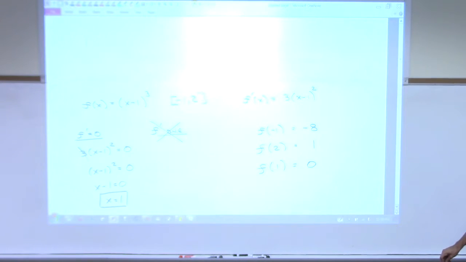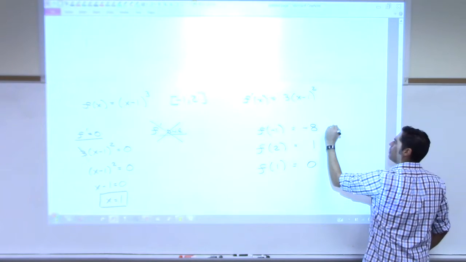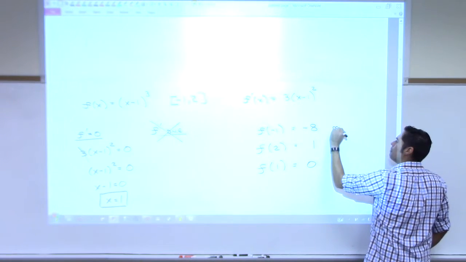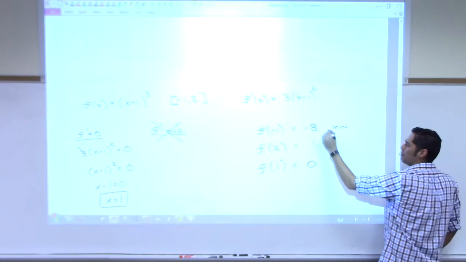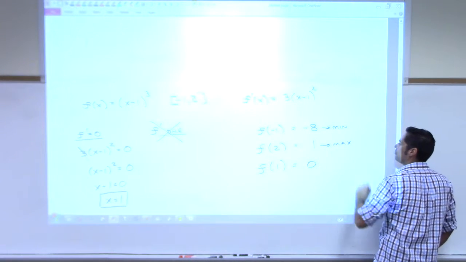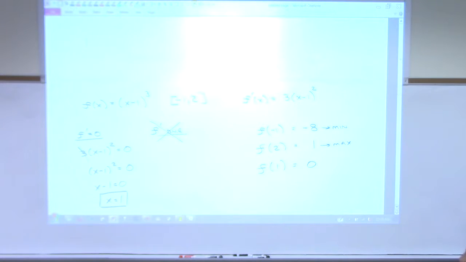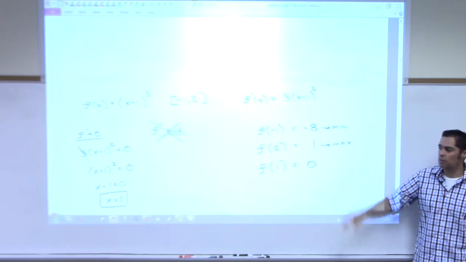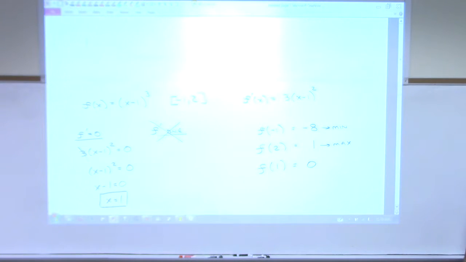What do we have? Our global minimum, I'm just going to put min, is here, and this is our max. We haven't really looked at locals though. That's what the next section is going to involve, finding locals. This is just good for finding global on this interval. Okay?